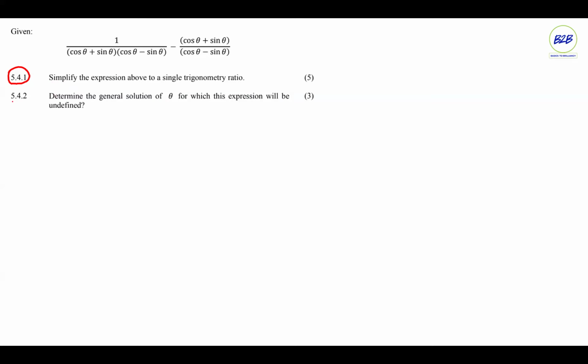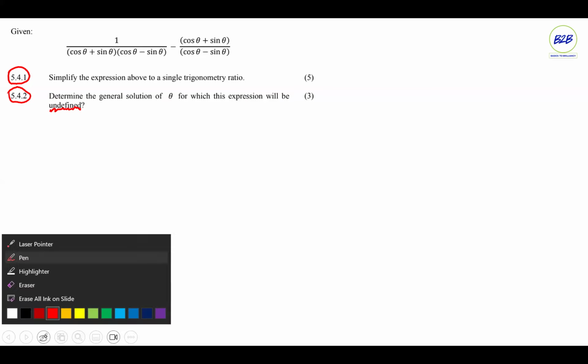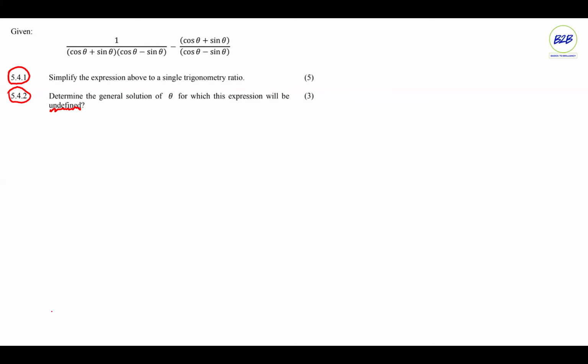We will then move into 5.4.2, which requires the knowledge of this episode. Determine the general solution of theta for which this expression will be undefined. So what does that mean, undefined?